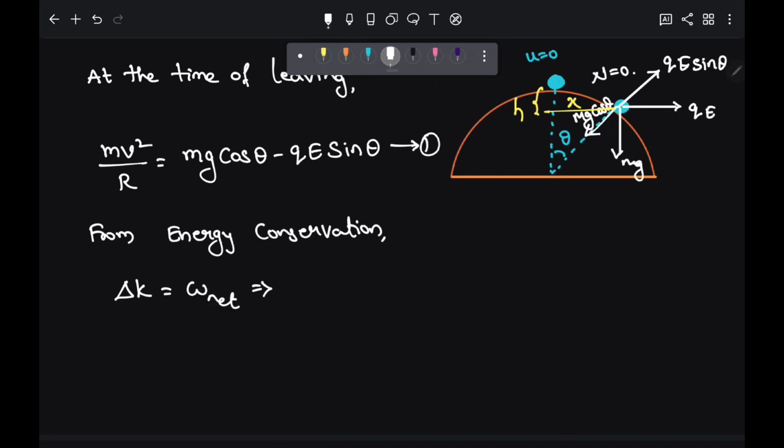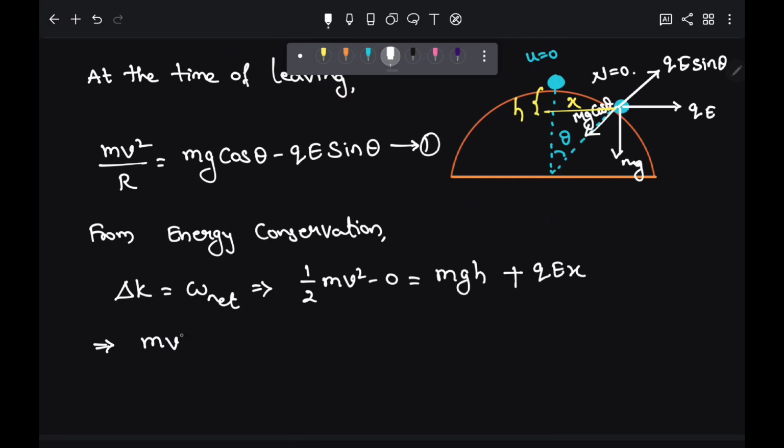Two forces are there, the electric force and the gravitational force. Half mv square, final kinetic energy minus initial kinetic energy of 0, is equal to mgh plus qEx, because it moves x distance along the direction of the electric force and h distance down along mg.